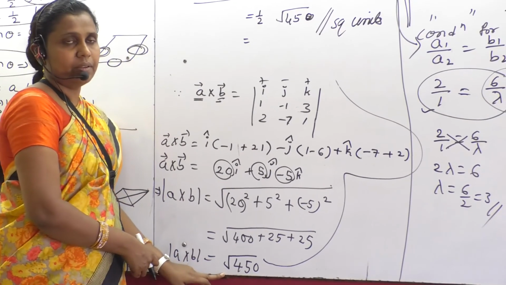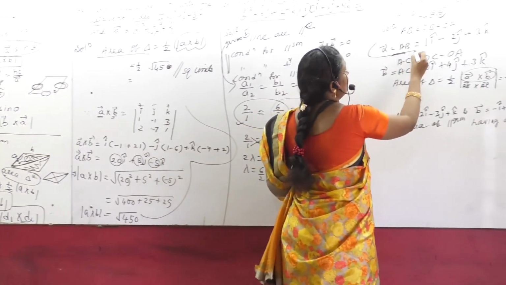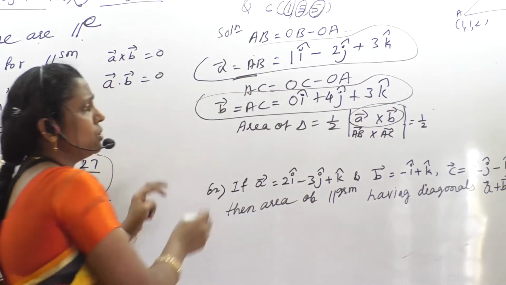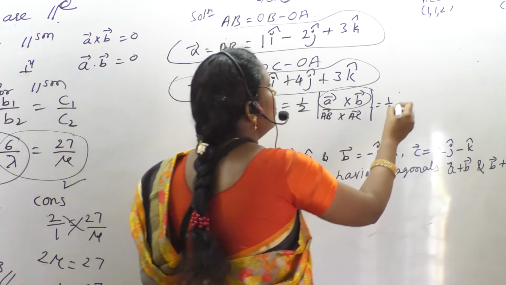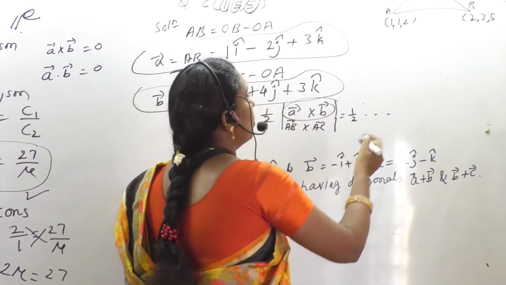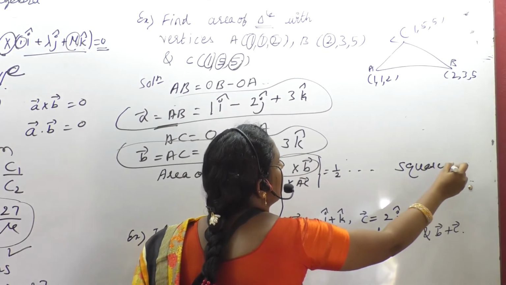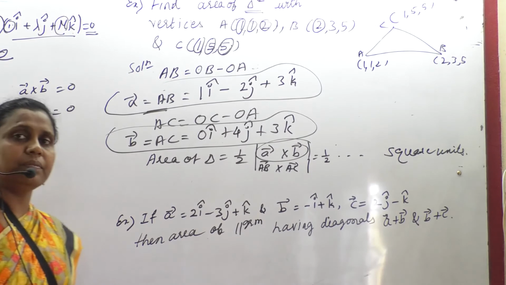The same way here A is given and B is given. I hope you will take it for homework and solve further to get the area of triangle. And in the end please don't forget to write the square units because it is regarding area. Am I right?